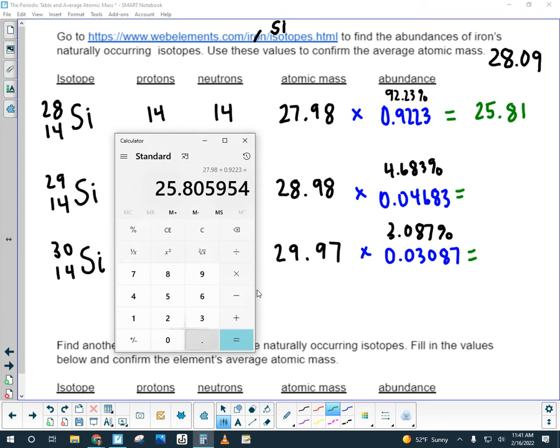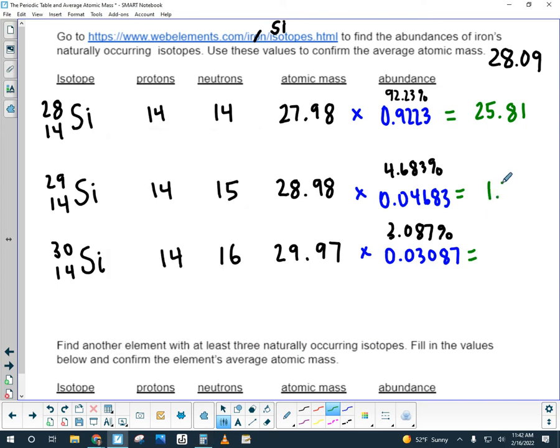For silicon-29, I'm going to again take the mass of the isotope times the decimal version of the percentage, 0.04683. I'm going to write down 1.357. And I'm going to try to line up my decimal points so that when I add them, it makes sense.